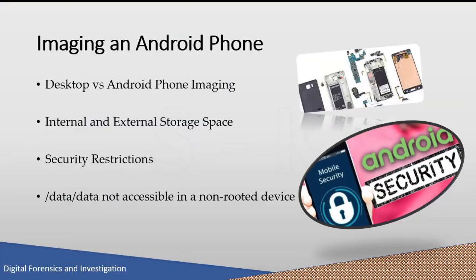So the first is imaging an Android phone. Imaging a device is one of the most important steps in mobile device forensics. Whenever possible, it is imperative to obtain the physical image of the Android device before performing any techniques to extract data directly from the device. Let's assume a desktop computer, which is not powered on, is seized from a suspect and sent for forensic examination.